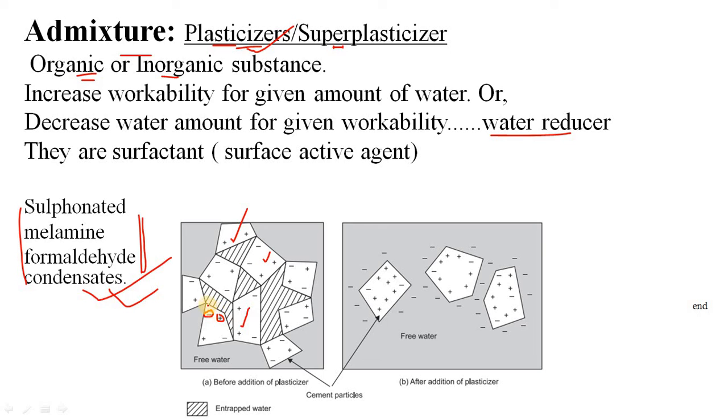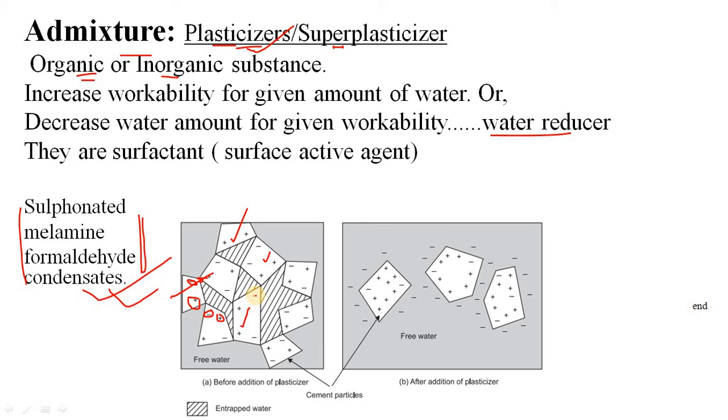Okay, so what happens? The positive corner attracts the negative corner. Obviously they will come together. Similarly, this positive attracts this negative corner, and they join together. In this way, after addition of water, the cement particles form a flock, or flocculation actually occurs. The technical term is flocculation.